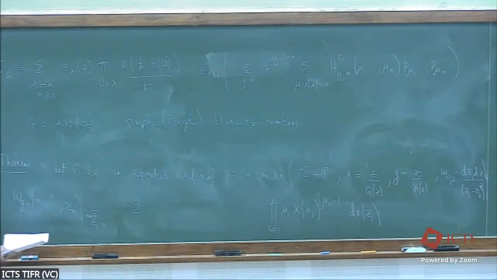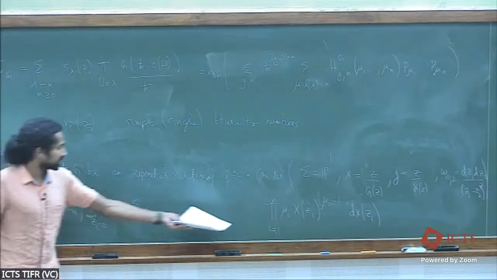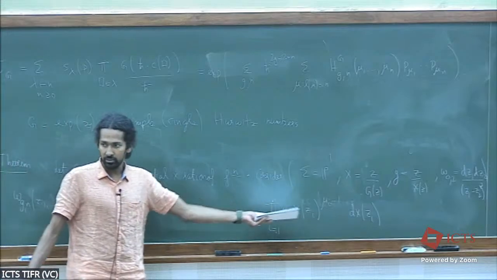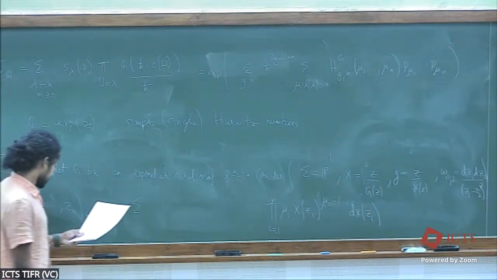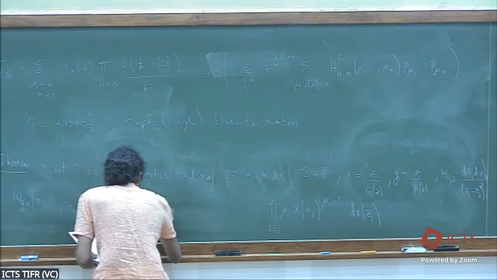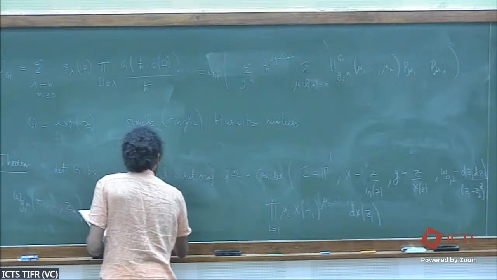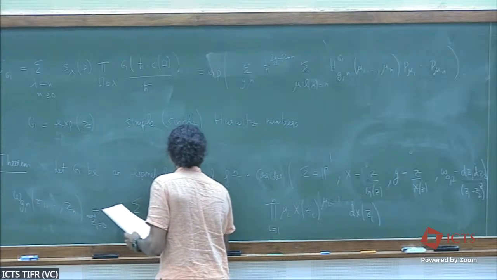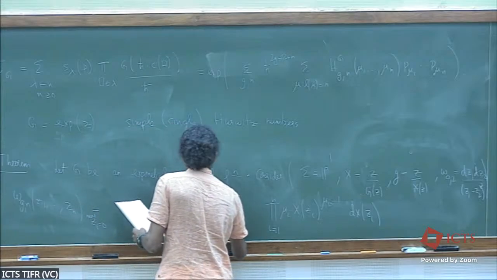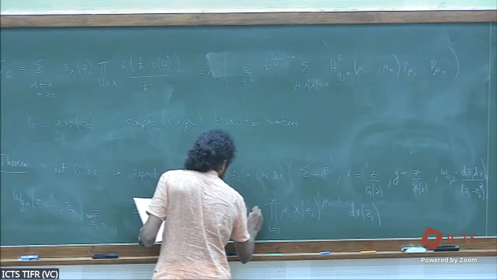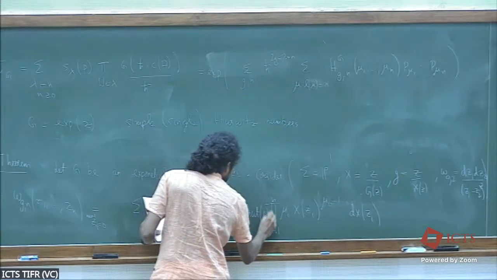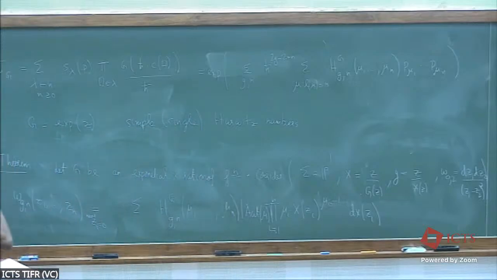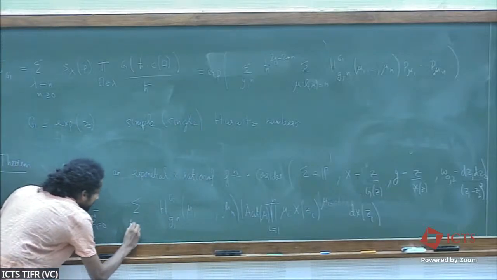So I'm expanding these differentials in this local coordinate x around z equals 0. And the coefficients that I get are exactly the Hurwitz numbers, these guys here, times some automorphism factor. It's not important. And I sum over all of them.